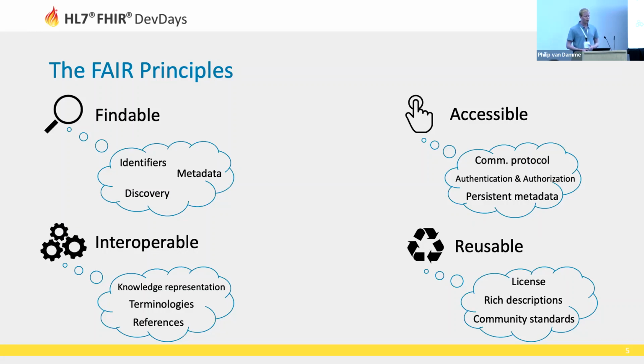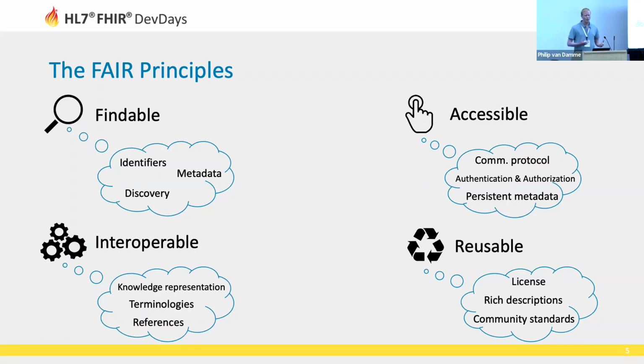Interoperable is all about knowledge representation. So both a data model and a format to represent the data in a machine readable way. You should use terminologies wherever possible and make references to other data. So if you have a data set and it's related to another data set, then there should be a reference from that data set to the other data set.